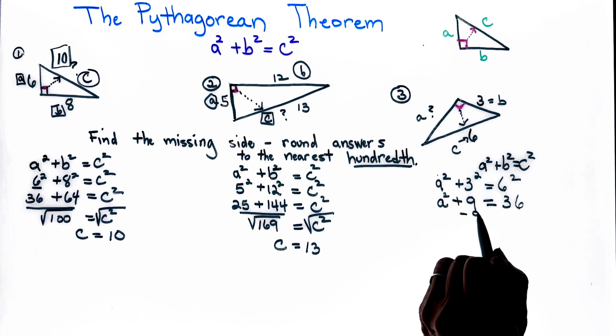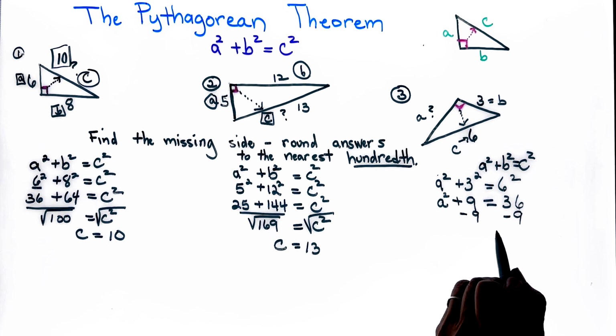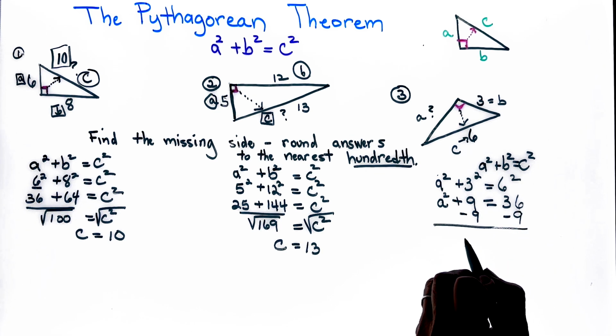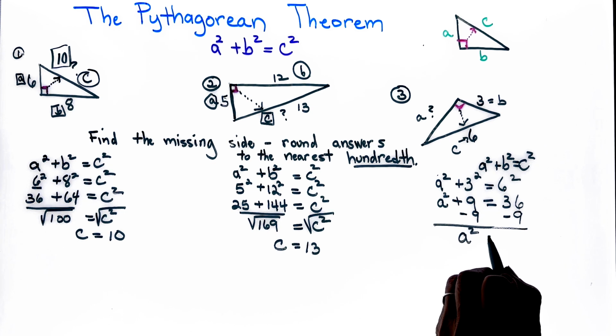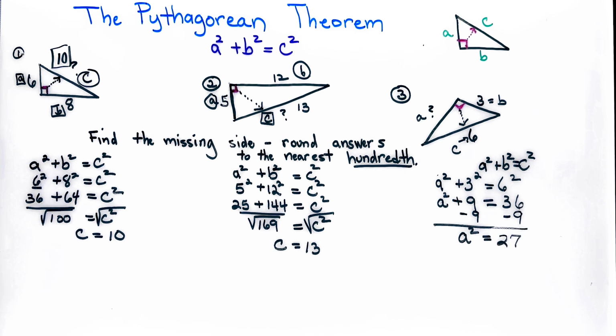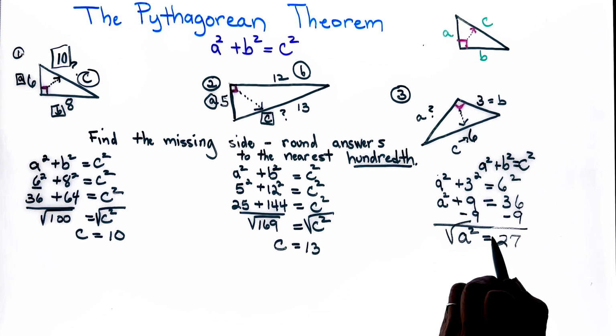So I am going to subtract 9 from both sides of the equation, and I end up with A squared is equal to 36 minus 9, which is 27. Now I can take the square root of both sides.